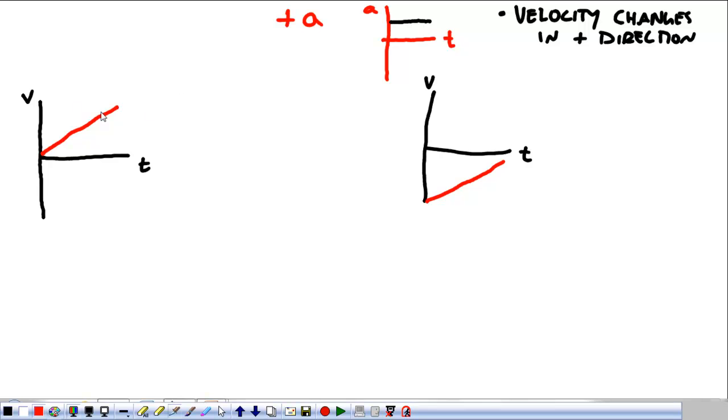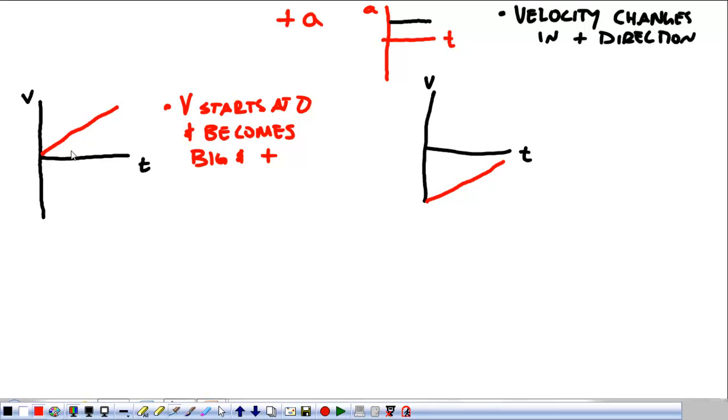So, looking at this one, velocity starts at 0 and becomes big and positive. That's what we see here. My velocity starts at 0 and it becomes big and positive.